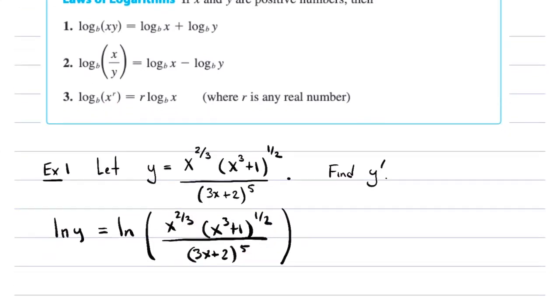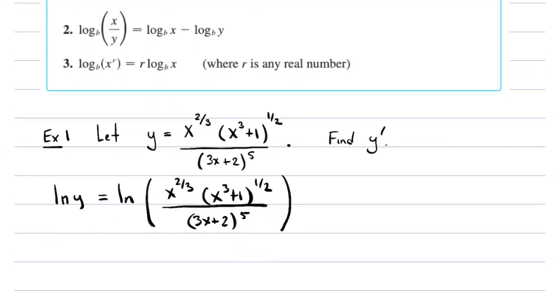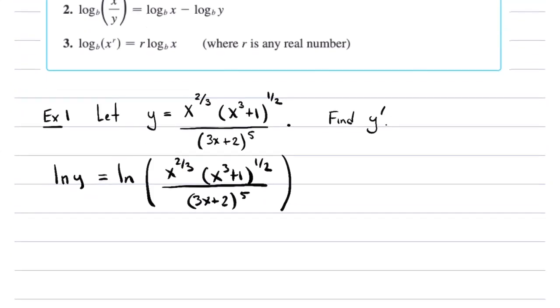So if I do all of that, let me scroll a little bit to give myself some room to do it. What am I going to get? Well, I would have this log of x to the 2/3, but that 2/3 is going to become a coefficient. So I get 2/3 natural log of x. That'll come from this factor. And then I would add to that, because of the product, 1/2 times the natural log of x cubed plus 1.